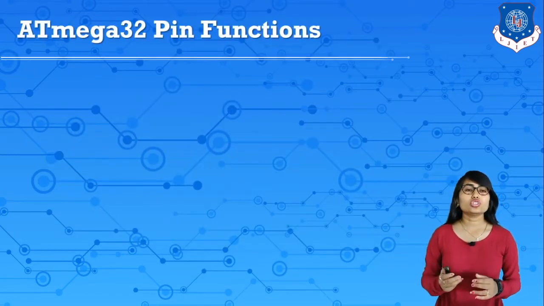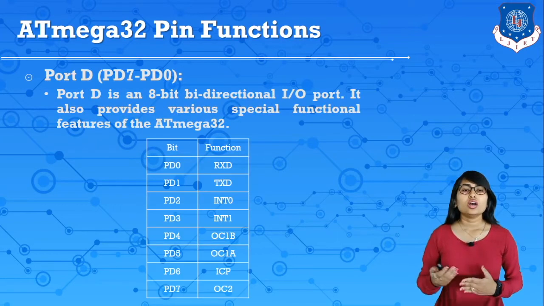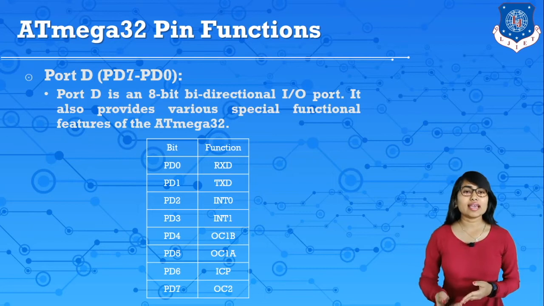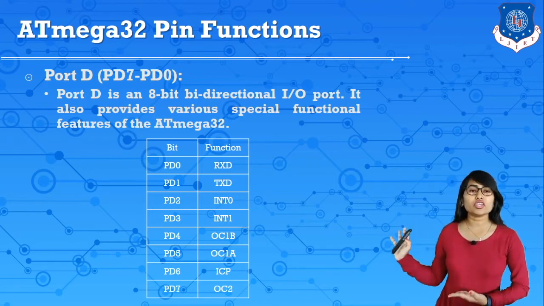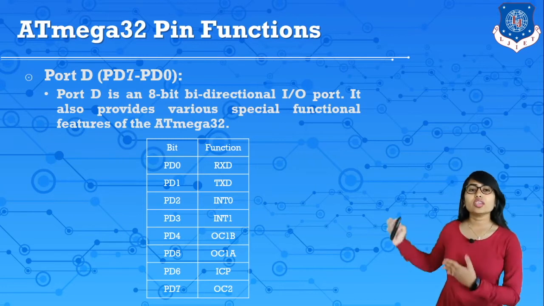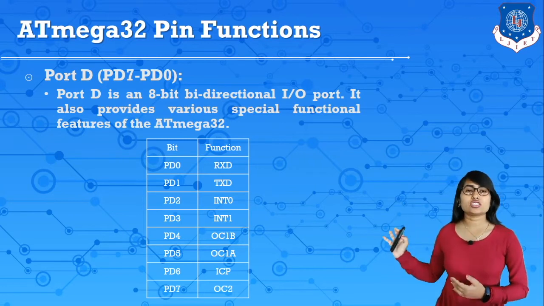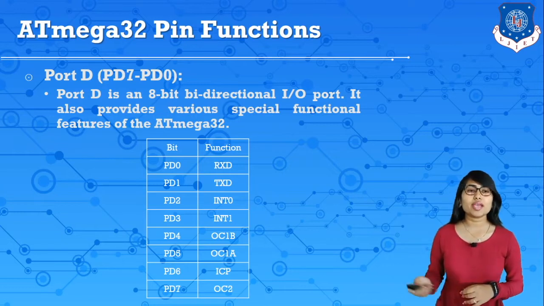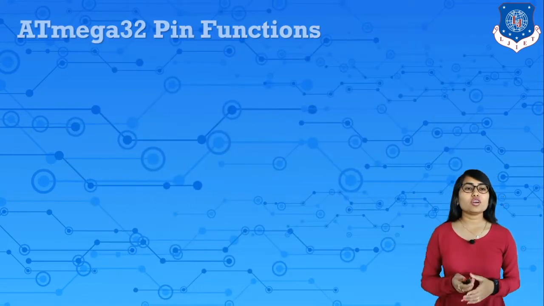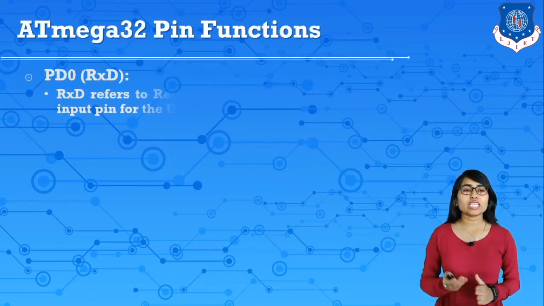Now let's discuss port D. This port D is also an 8-bit bidirectional input output port, and it works with special functions and applies special features to ATmega32. Here all the functions are listed. Let's discuss all the functions of port D one by one. Here we have PD0.